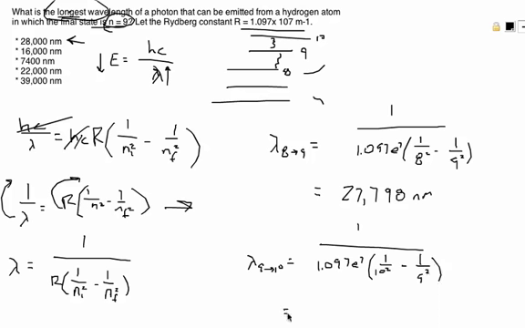And we find that wavelength to be 38,862 nanometers. And that is one of the answer choices, rounded to 39,000, and it is the larger of the two. So that's going to be the correct answer.